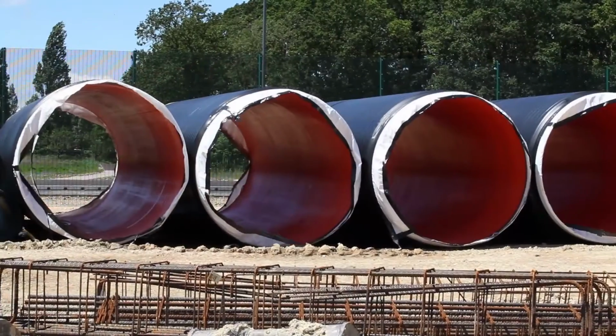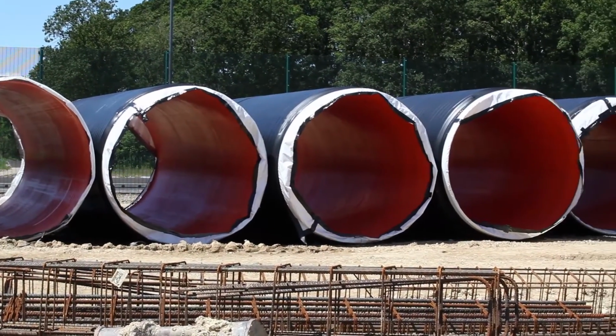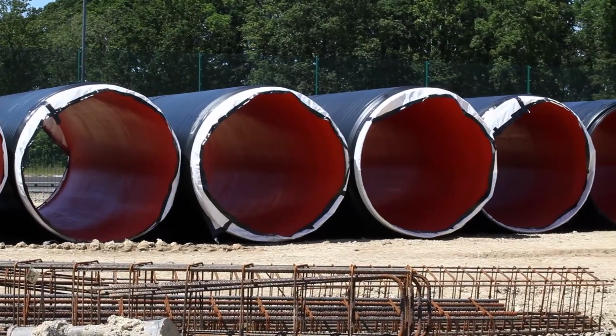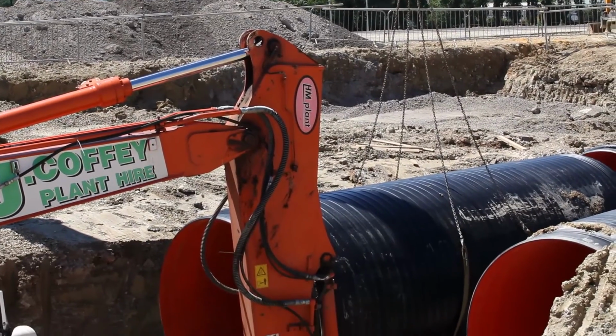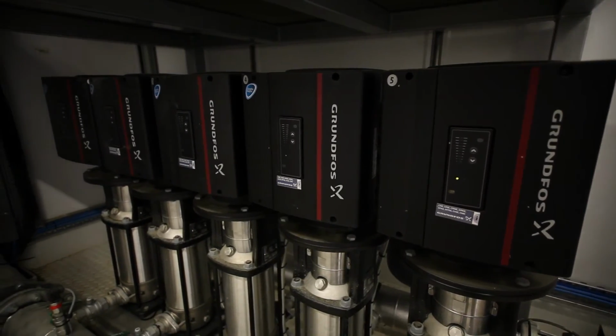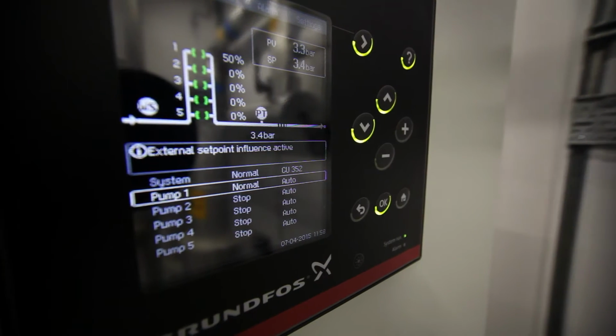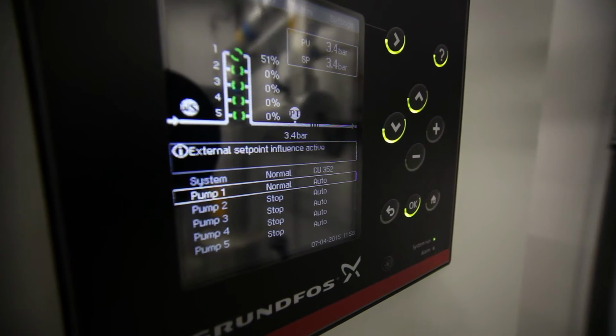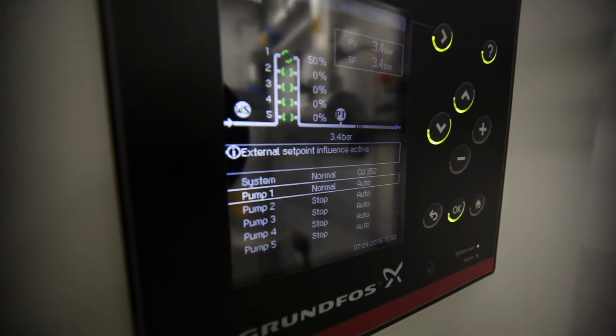Because we can't rely upon the grid supply, the utility water supply, we have to have on-site storage. In this facility, we have some fairly large underground water tanks that hold a 24-hour supply of processed water in case the main supply should break down.